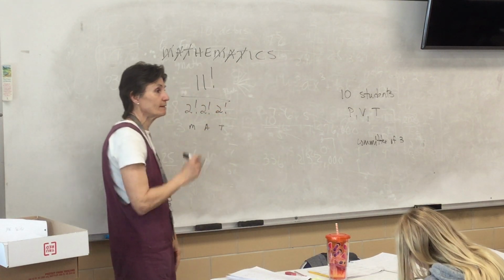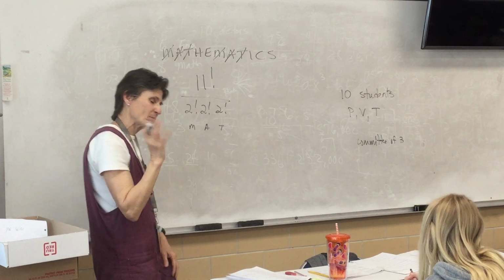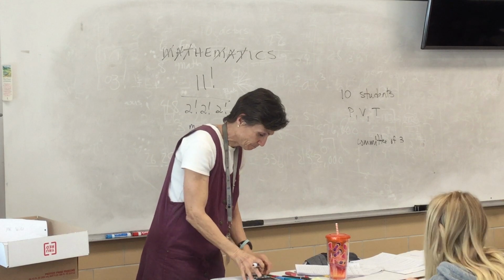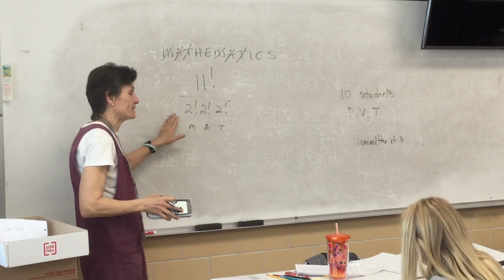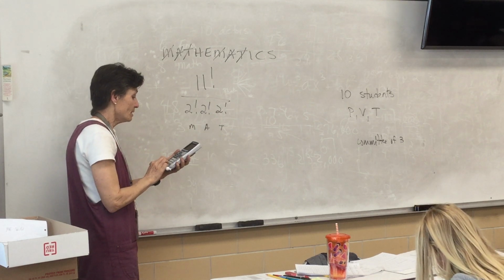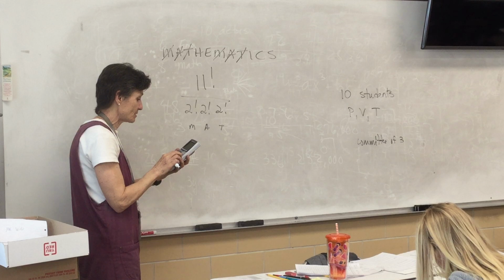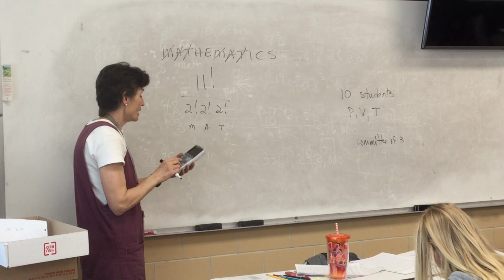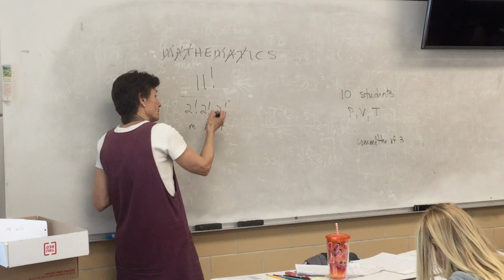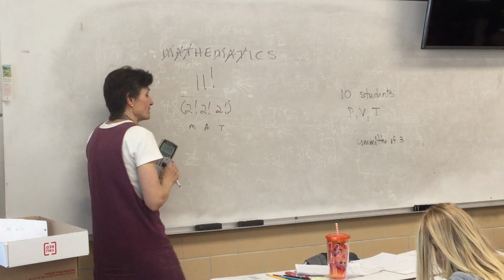Yep, that's it. Now, this is going to be a no calculator quiz, but who knows. So let's practice typing this in. You wouldn't have to evaluate this without a calculator, you just set it up. So 11 factorial. Everybody remember where that is, right? And then, since you have all this in the bottom, if you're going to type it all in at once, you have to put parentheses around it.